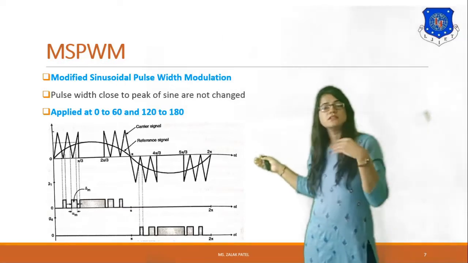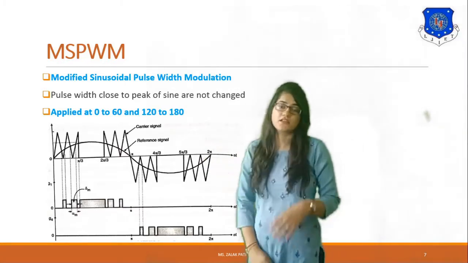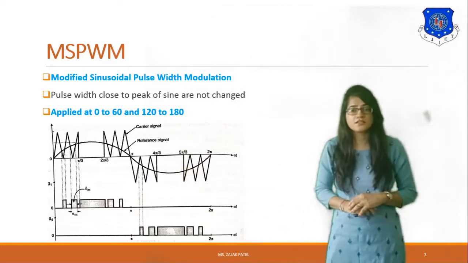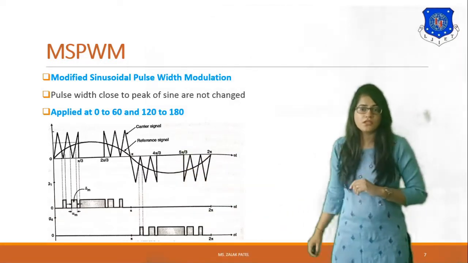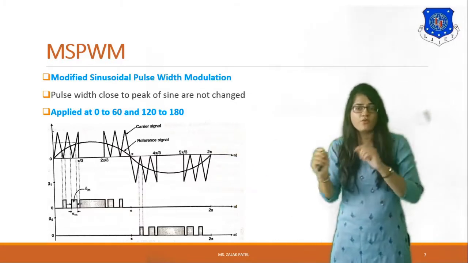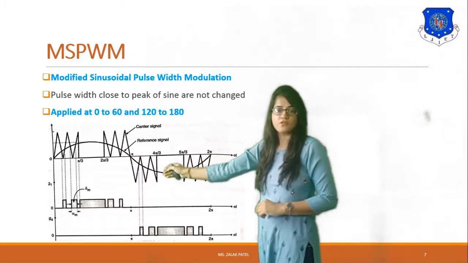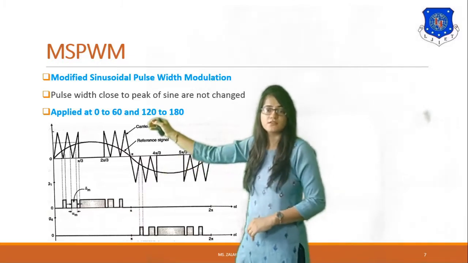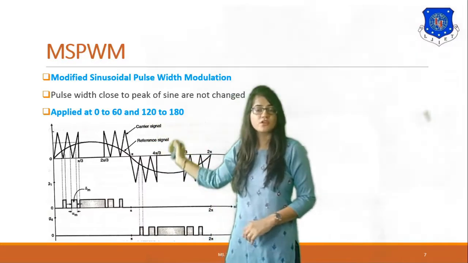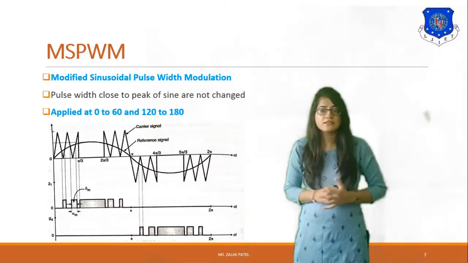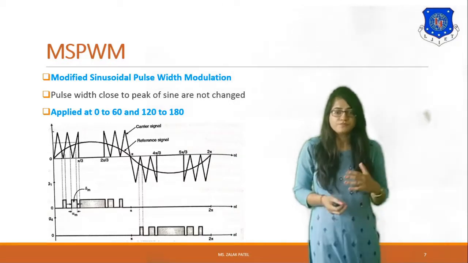Here, if you note the diagram, the carrier signal is not applied in the middle portion of the waveform. This is the middle portion of the negative half cycle and this is the upper portion of the positive half cycle. In both cases the triangular pulses are not given.